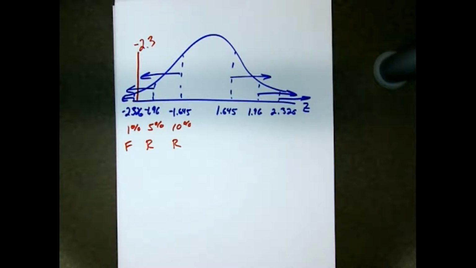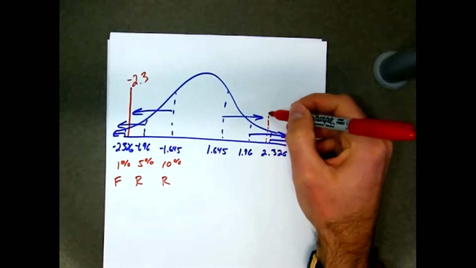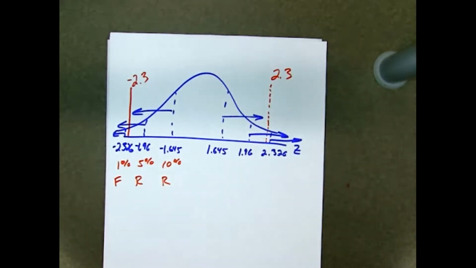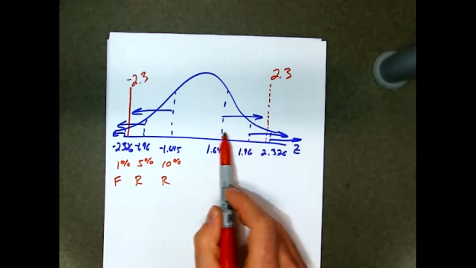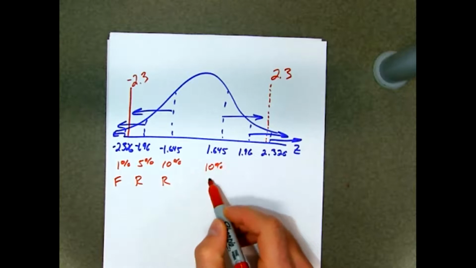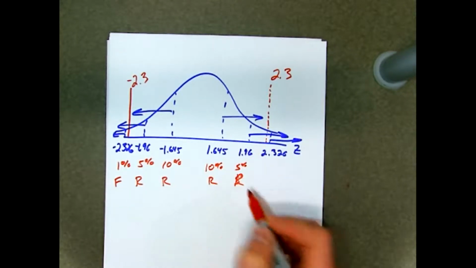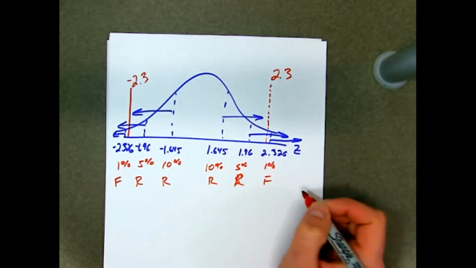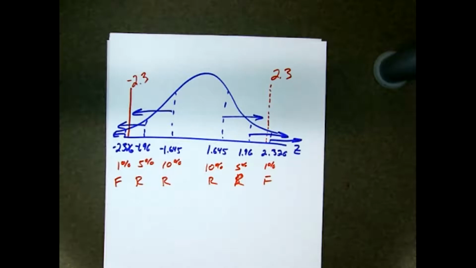So if it was positive 2.3, that's a good point. Because we had a two-tailed test, seeing positive 2.3, I'm in the rejection region at the 10% level and at the 5% level, but I'm just barely not in the rejection region at the 1% level. For a two-tailed test, I only see one sample mean, so I'm only going to have one test statistic.